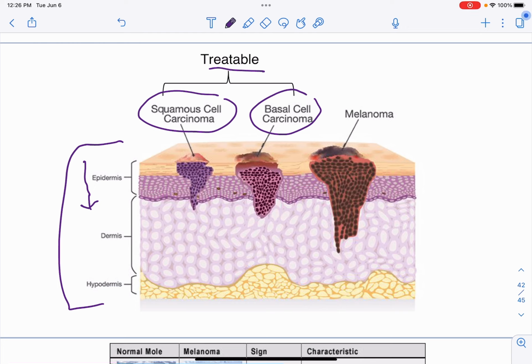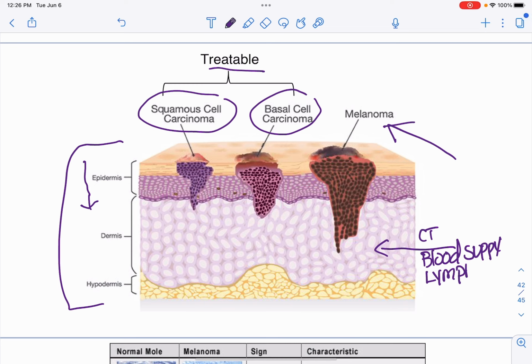The underlying fear, what makes this so deadly, is that when these cancerous lesions enter into the connective tissue region where there is a blood supply, or a lymphatic system where there are vessels located nearby, the cancer cells can then enter those vessels or the vascular system and travel throughout the body.